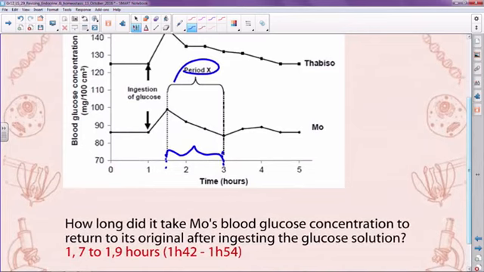So it's going to be about 1.7 to 1.9 hours. So 1 hour and 42 minutes to 1 hour and 54 minutes. Round about, give and take. So they'll look between 1 hour and 42 minutes and 1 hour and 54 minutes. That's the main thing that we're looking at.